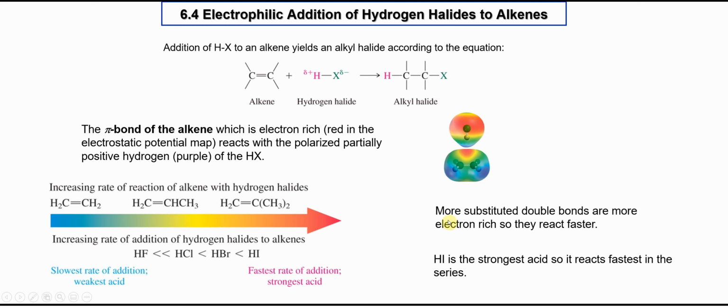Again, what we want to show you is your hydrogen halide. Hydrogen is more partially positively charged, and your chloride or bromide is more partially negatively charged.